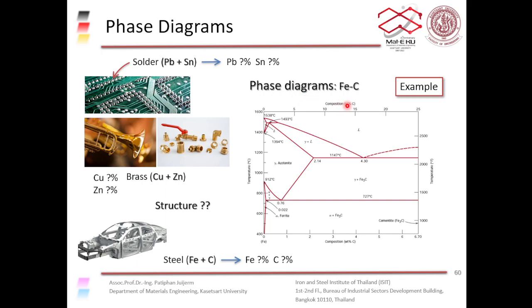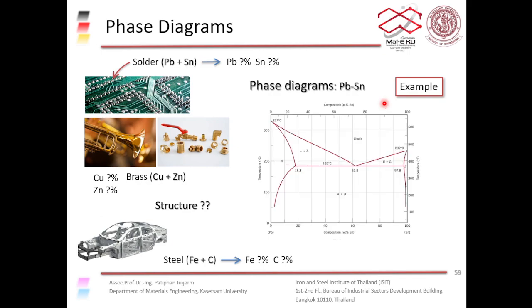This is an example of an iron-carbon phase diagram, right? So we've come across solid solution phases before, like alpha phase and beta phase. These are solid solution phases, and you have a Greek letter as a symbol for those.